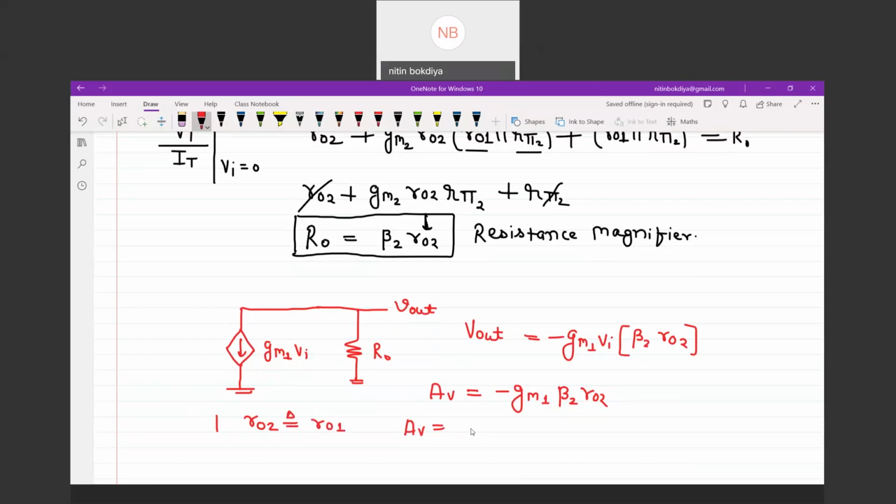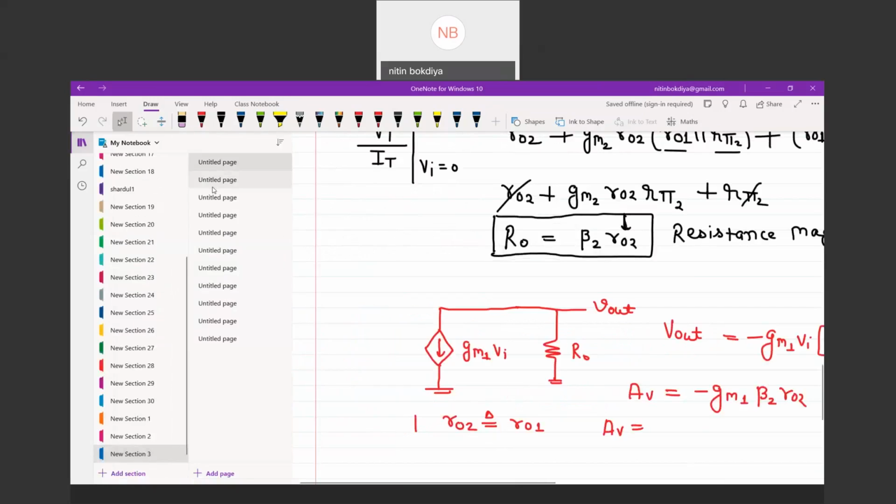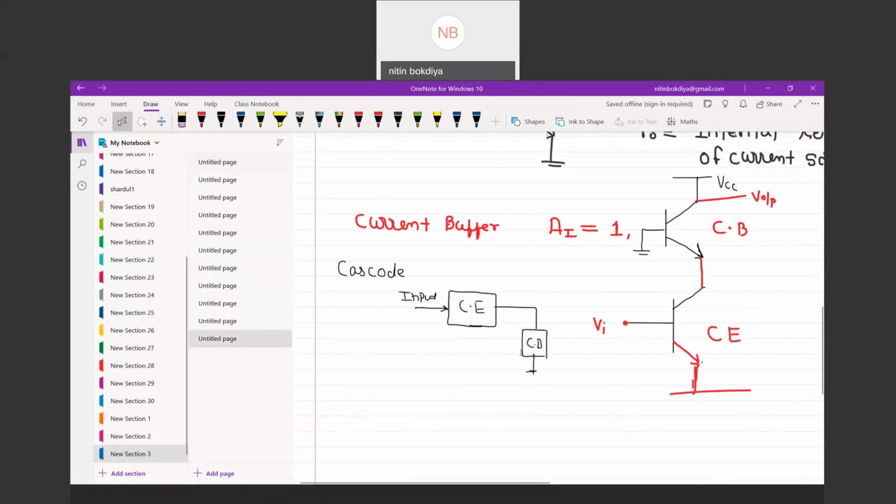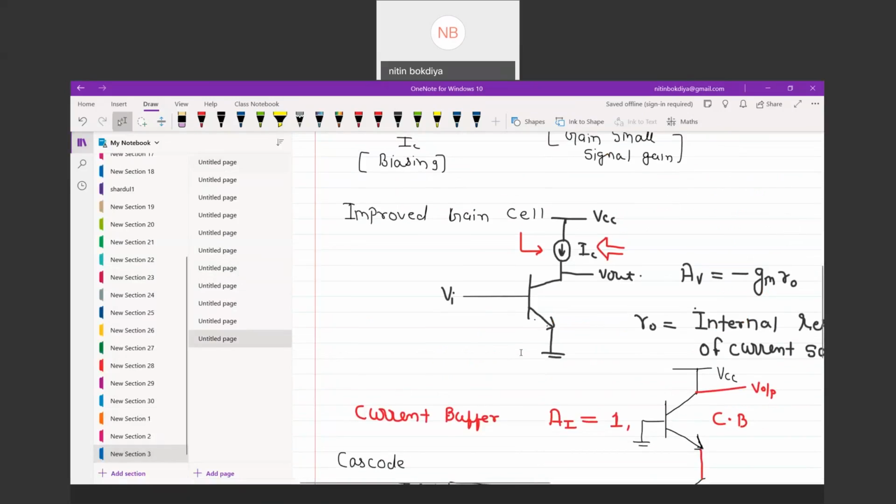What was the gain equation when I started the discussion? I told you that by using a current source, the gain is minus GM into R0; this is the basic expression for the gain.